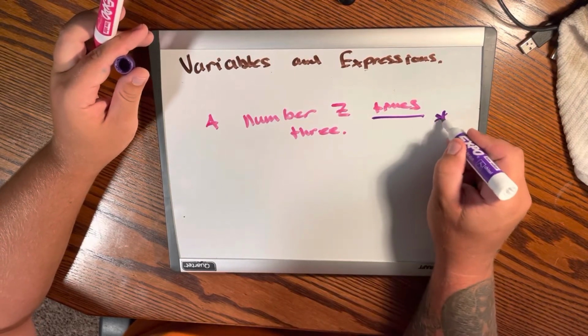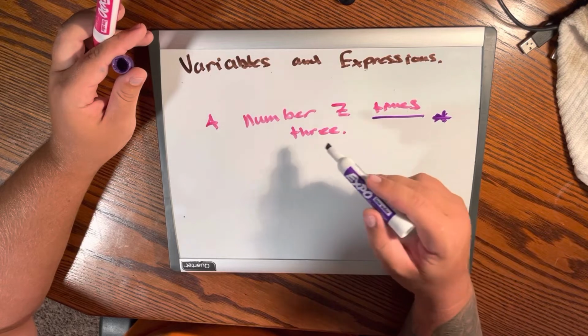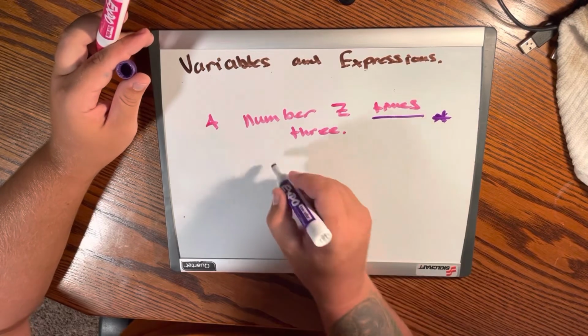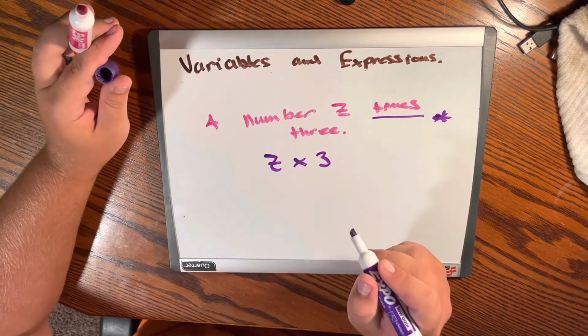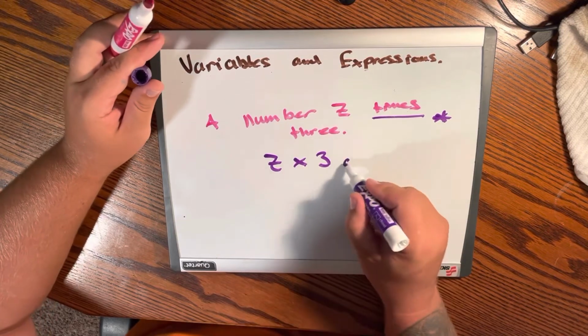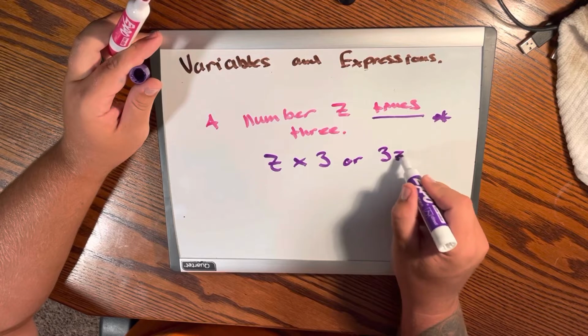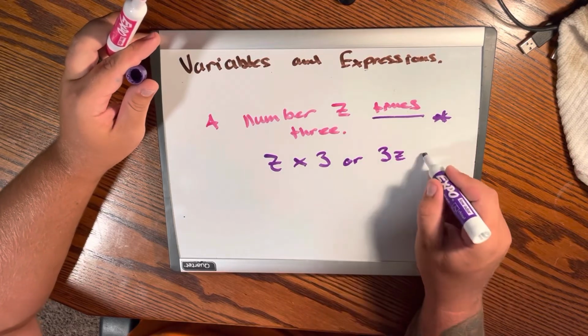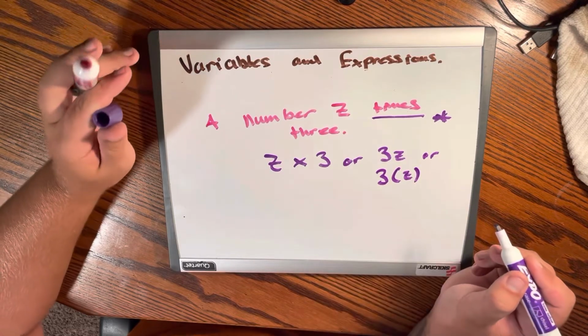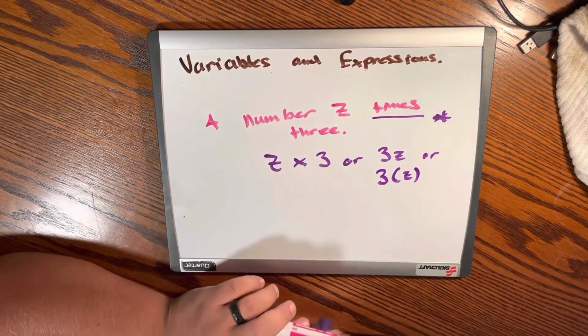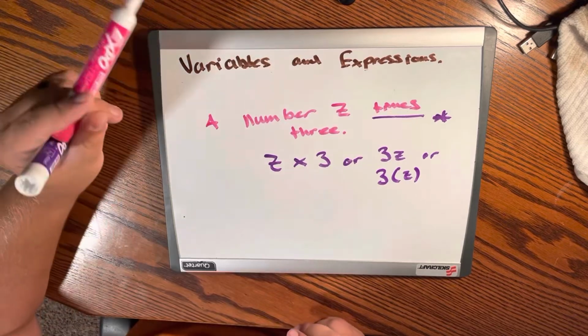Times means multiplication. So you're just going to write z times 3, okay? Or it could be written as 3z, or it could also be written as 3 parentheses z, however you want to do that. Okay, those are all different examples of multiplication.